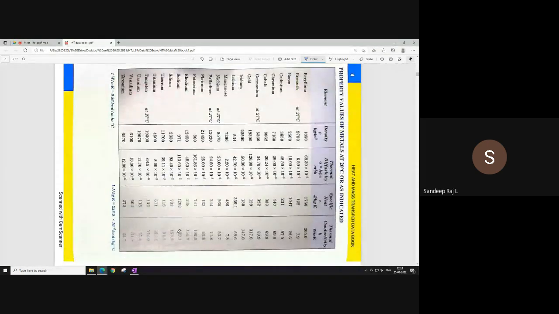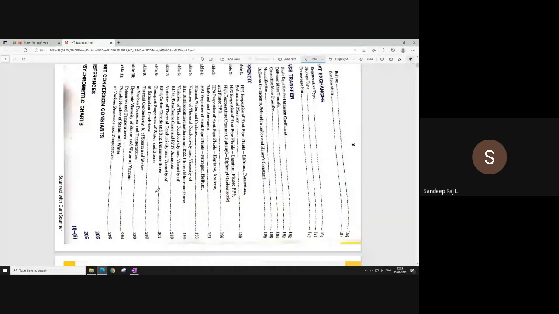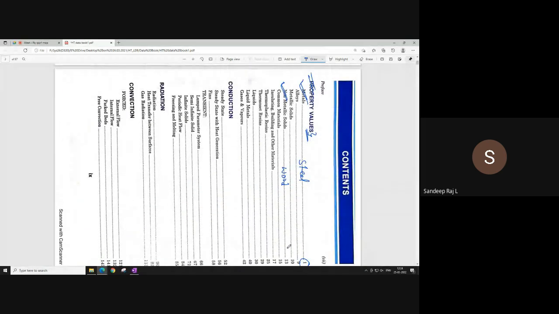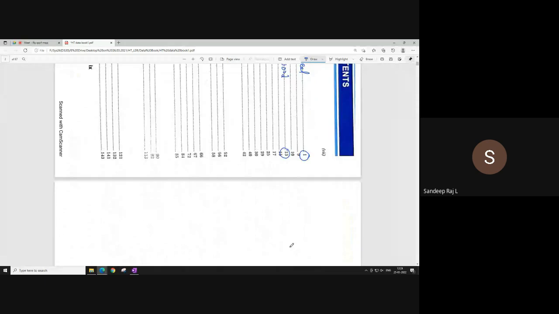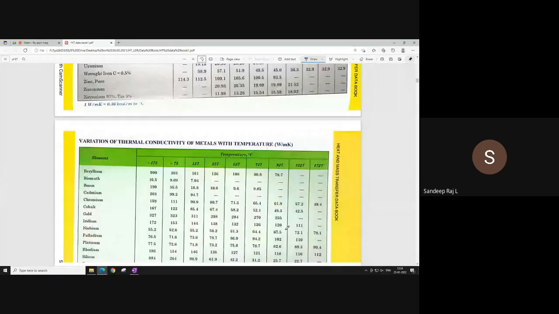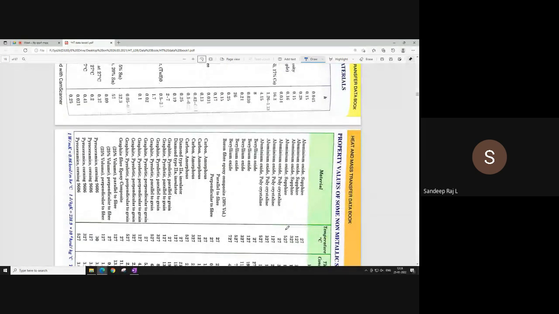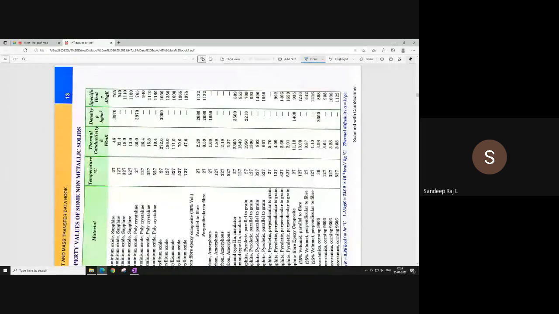And let us move to non-metallic solids now. What is the page number for non-metallic solids? It is page number 13. So let me move down. 10, 11, 12, 13. This is the page here.